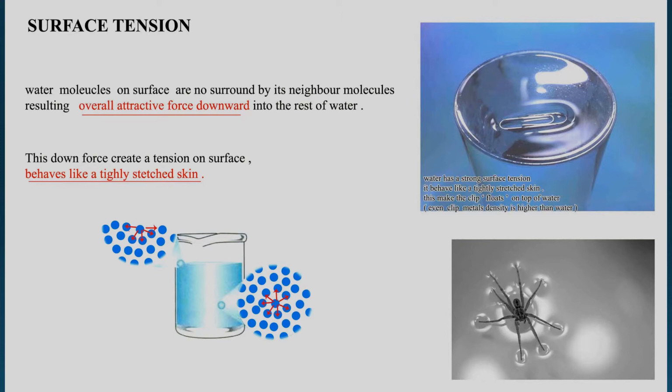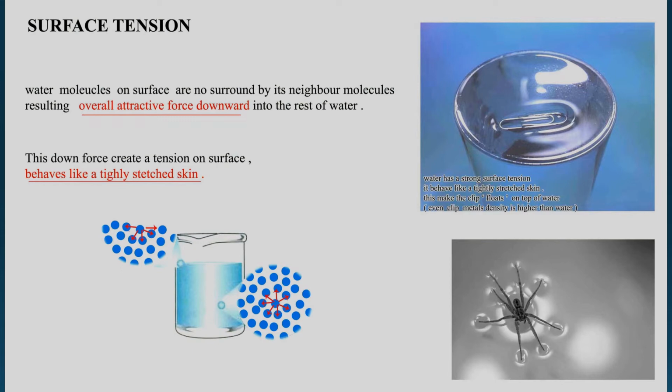Let's look at the picture. A paper clip. How come I put a paper clip and it floats on the water? You're wrong. The paper clip is metal. It is heavier than water. Number 2, the paper clip is not floating on the water.